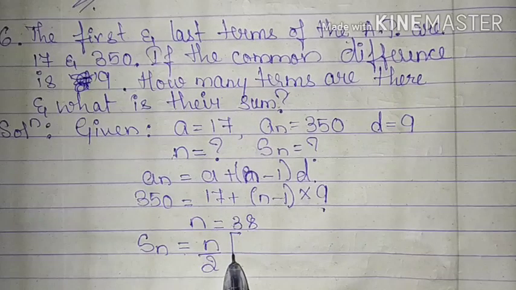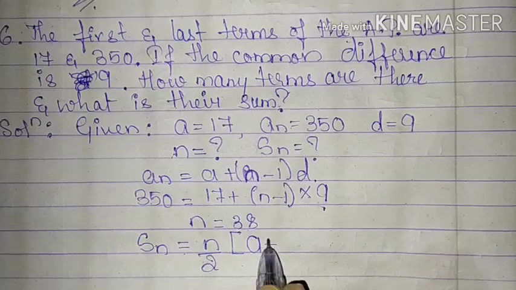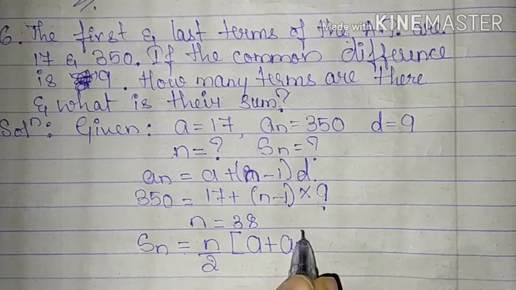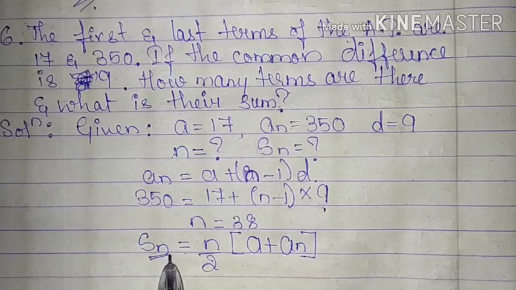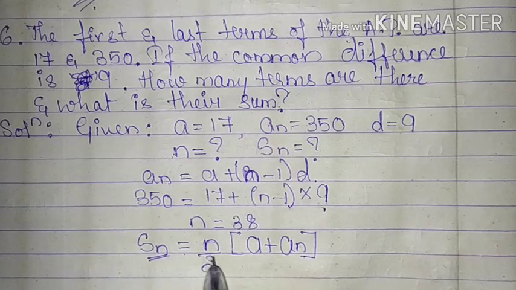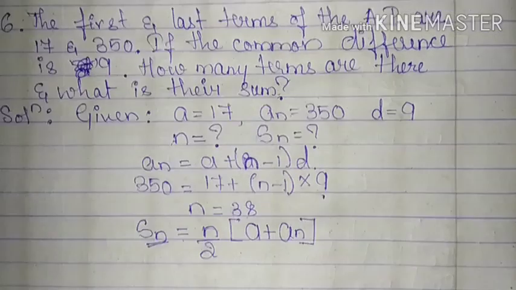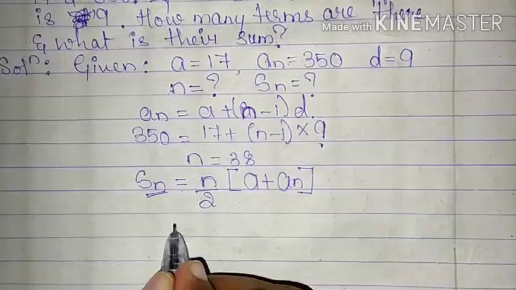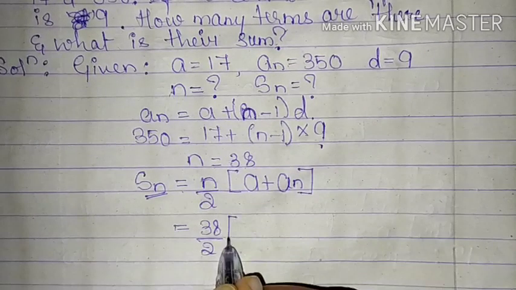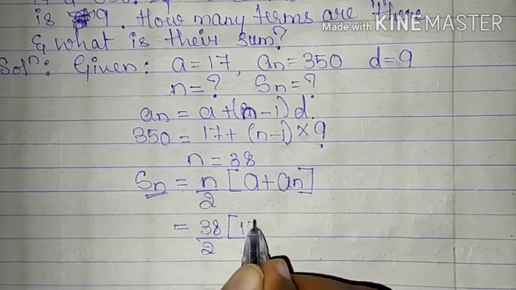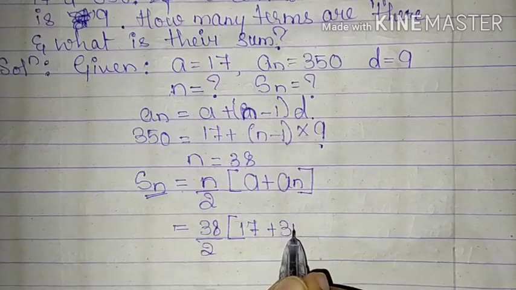Sn is equal to n by 2 into a plus an. To find the sum Sn, make use of the formula n by 2 into a plus an, which will be equal to 38 by 2 into 17 plus 350.